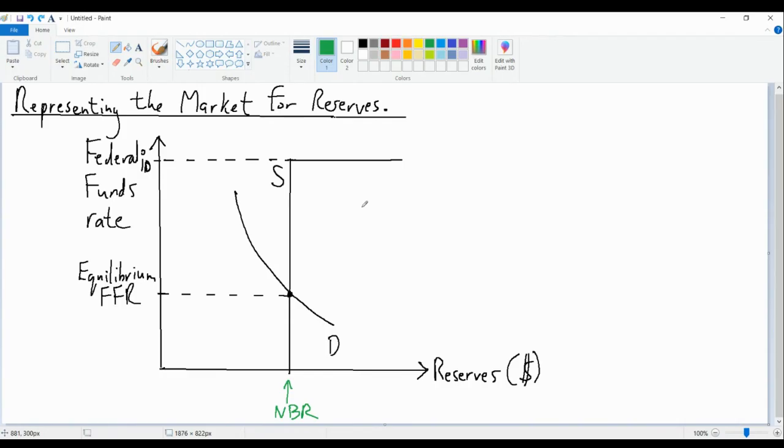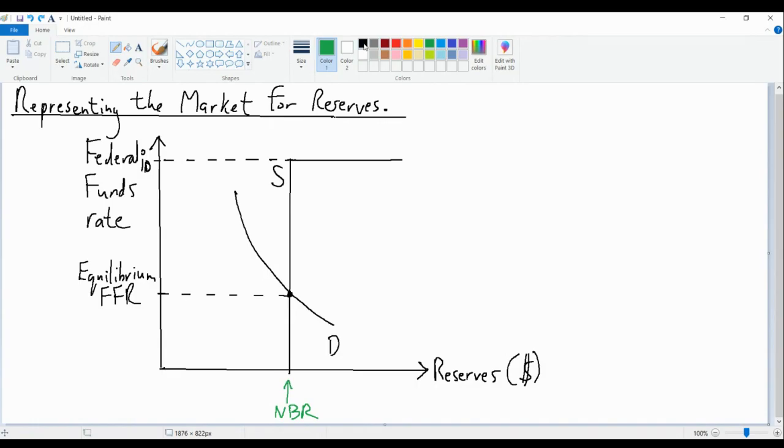How come? Well, if you're a bank and the federal funds rate is below the interest rate on reserves, why would you lend? You would earn more by just keeping your funds in the form of reserves than lending it out to anyone. You get the interest rate on reserves instead of the federal funds rate.